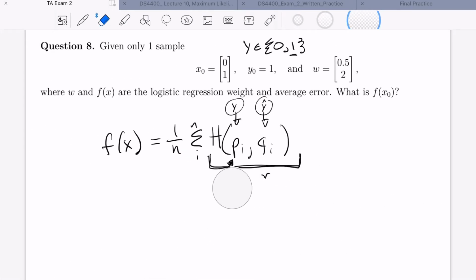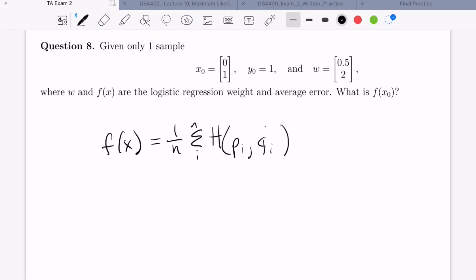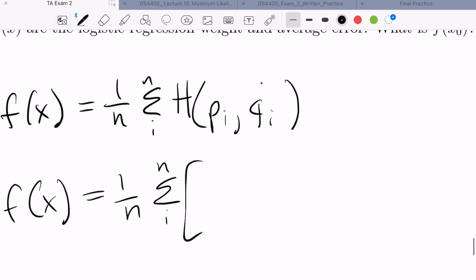Sweet. So now let's rewrite our objective. To simplify our objective, we have f of x is equal to 1 over n, the sum from i to n of, remember the cross entropy, the sum over events E in B, where B is the Bernoulli, so this is 0 or 1, right?